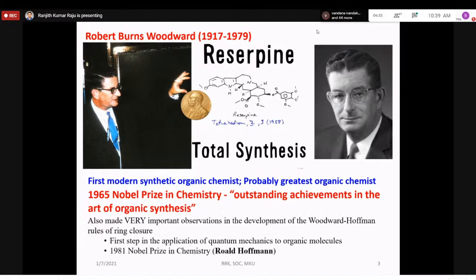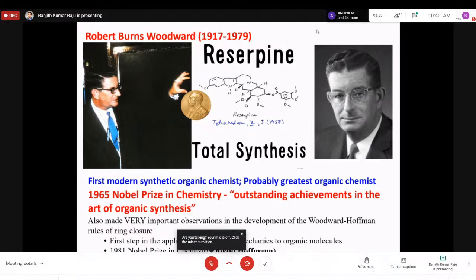And he joined hands with Hoffmann in making the Woodward-Hoffmann rules for ring closure, where the application of quantum mechanics to organic molecules came into the picture. And in 1981, he was awarded a Nobel Prize along with Hoffmann.